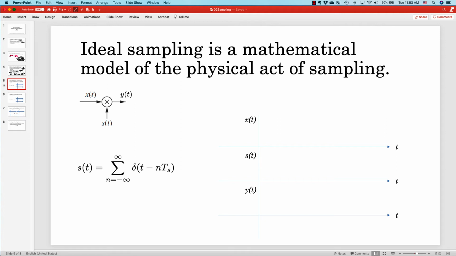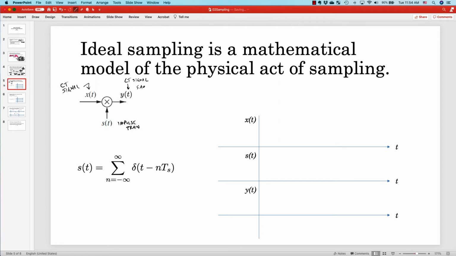That is, x of t is our continuous time source signal. S of t is what's called an impulse train. And we'll see in a moment that if I multiply a signal with an impulse train, I will get another continuous time signal.